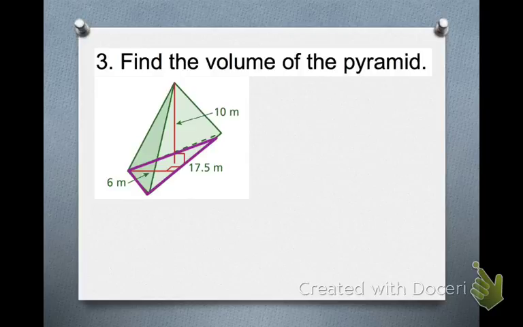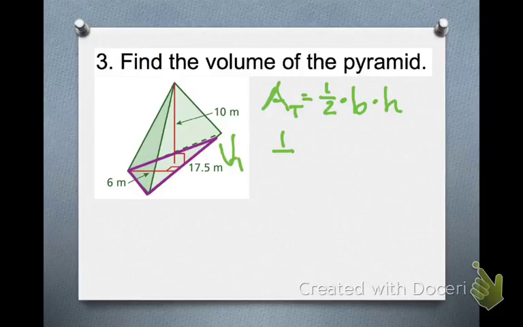In this case, it's a triangle. When we find the area of a triangle, it's 1/2 times the base times the height of that triangle. So that's just for the base triangle, okay? We still have to use this 1/2 when we're dealing with the base, but this is a pyramid. So we also still have to have the 1/3 for the volume.